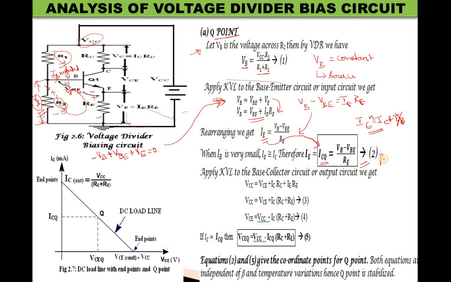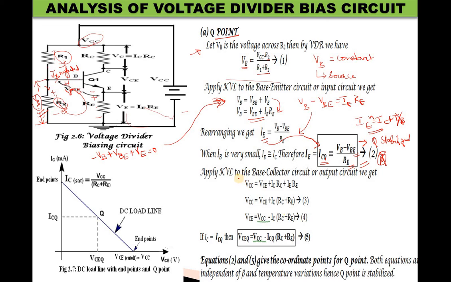Notice here there is no beta value at all, and hence because of this formula Q point is actually stabilized, and in this matter VBE and RE play a very important role.